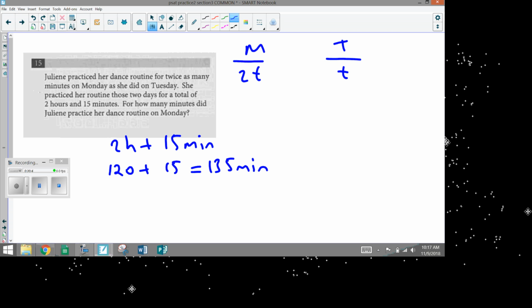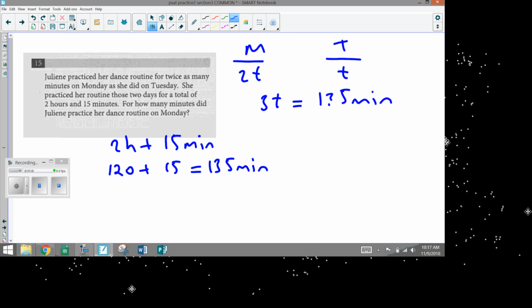Good job. So this is the total minutes. How about these, in terms of the total minutes? 2t plus 1t. That makes 3t. That makes 135 minutes. Okay?